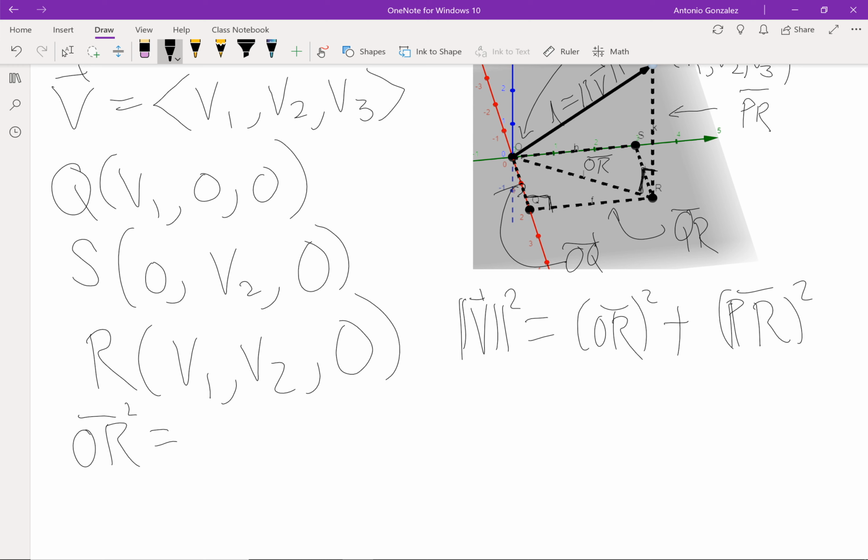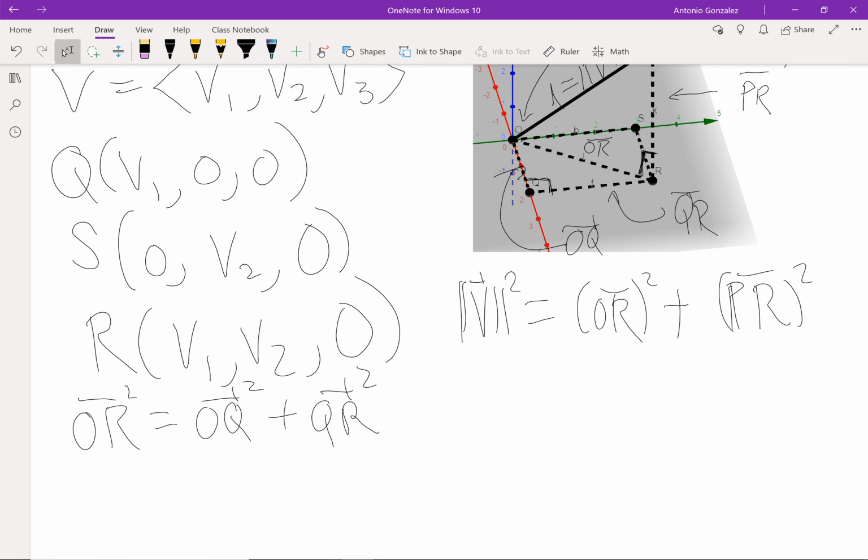So OR squared is the same as OQ squared plus QR squared. Not vectors, line segments.